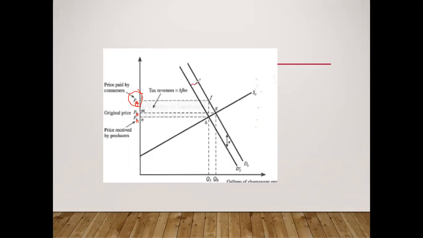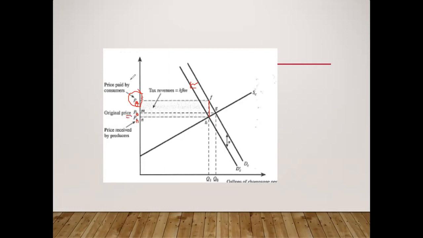When this curve shifted downward, this curve is shifted down because of the tax, right? This would be the amount of tax. On the other hand, PN is the price net of tax. This is the price net of tax.